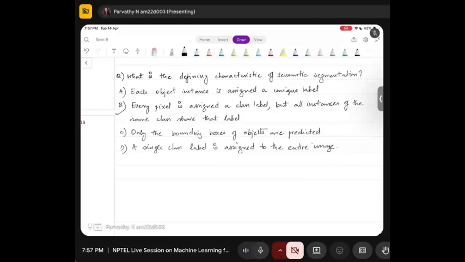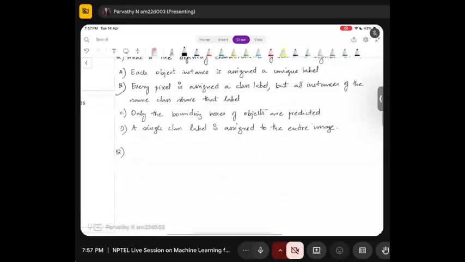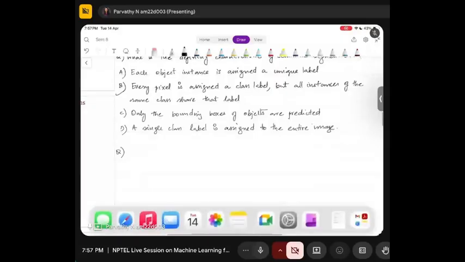In the fully convolutional architecture, sorry, I didn't understand your question, but semantic segmentation fails in certain scenarios.